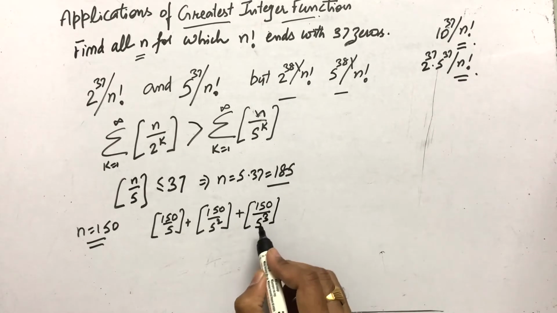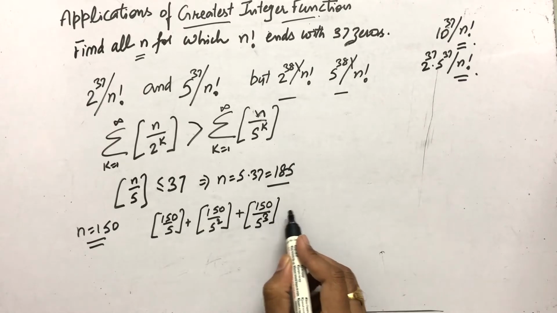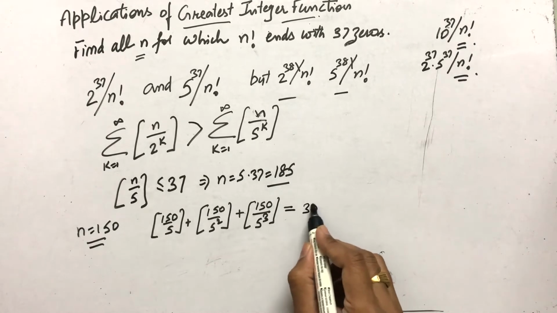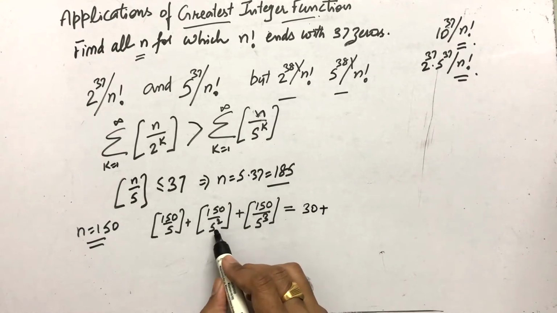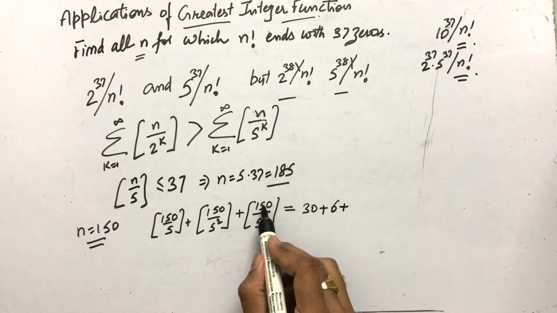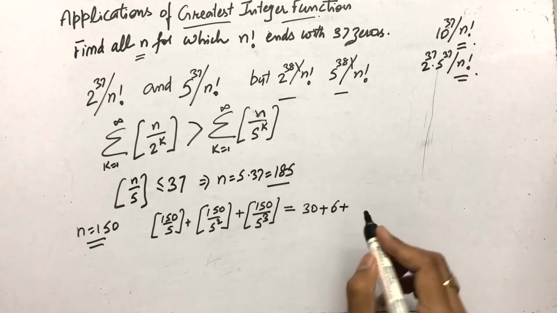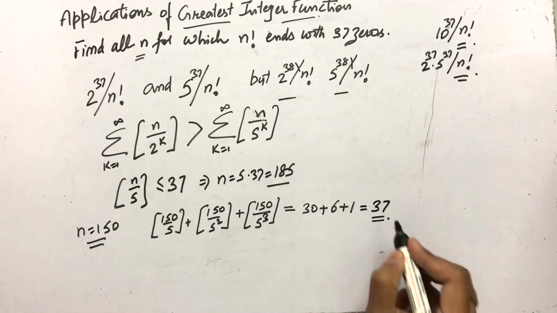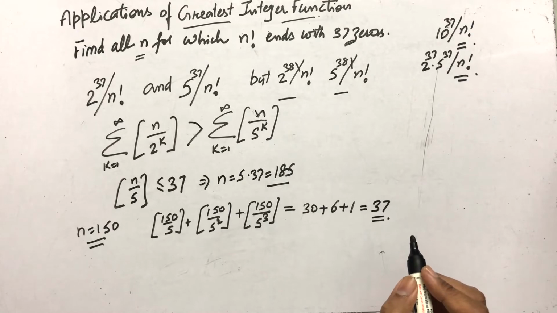And how much is 5 cube? 125. And after this all terms are 0. Let us find this. This is 30, and 25 divides this, you will get 6, plus 150 by 125, 1 point something, and the answer is 1. See, we get 37.